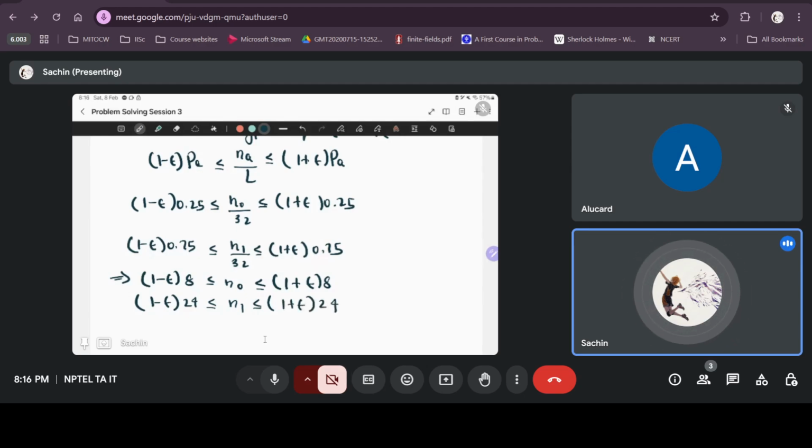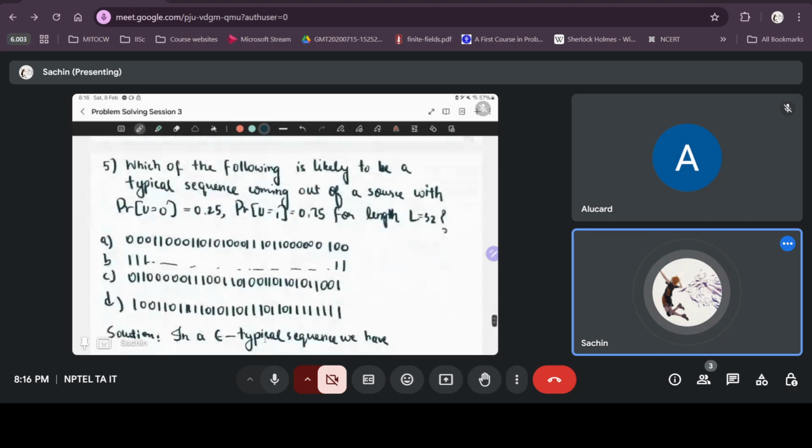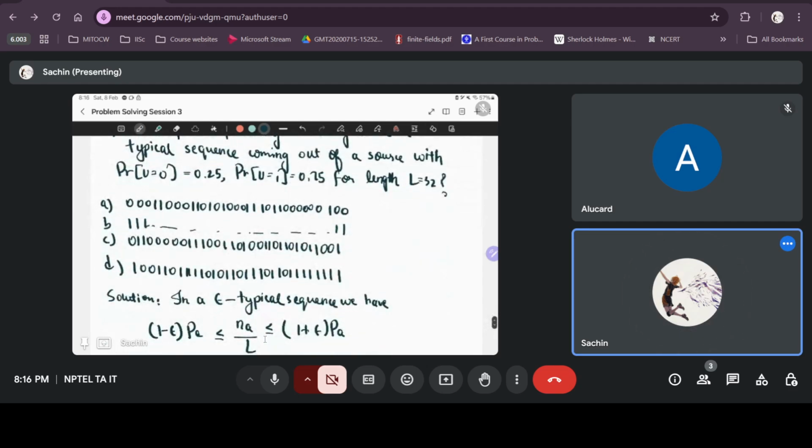So you have approximately 8 zeros and 24 ones. So you should check among the four options which of these sequences satisfies that condition. Can straight away rule out option B because it is a sequence of all ones, so it's not a typical sequence.